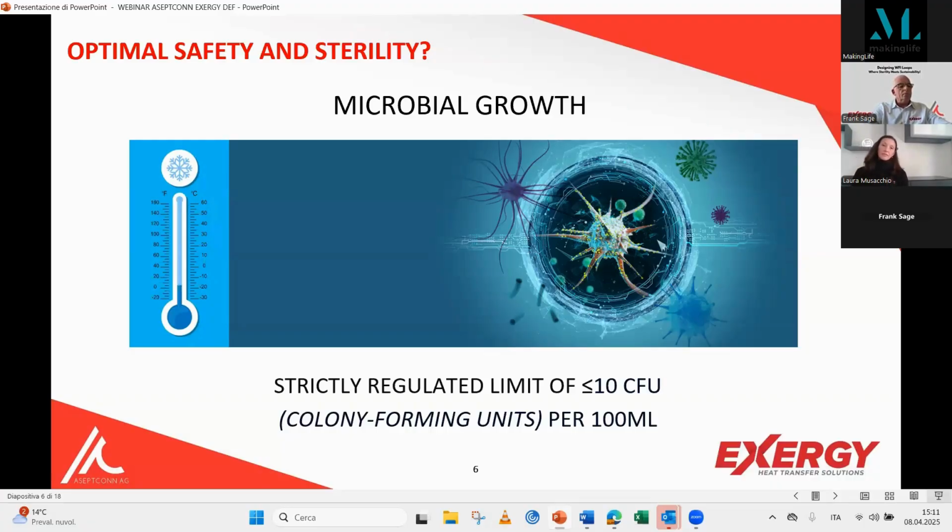What happens if we cool to a safe temperature to guarantee lower risk for the operators? It can happen that the pathogens become resistant to the temperature, and it could happen that the limit of 10 colony forming units is not respected.